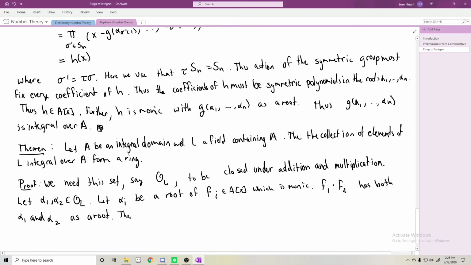And then what we do is we just take, let's say, alpha 1 through alpha n to be an enumeration of the roots of f1 times f2 in, let's say, the algebraic closure L bar.